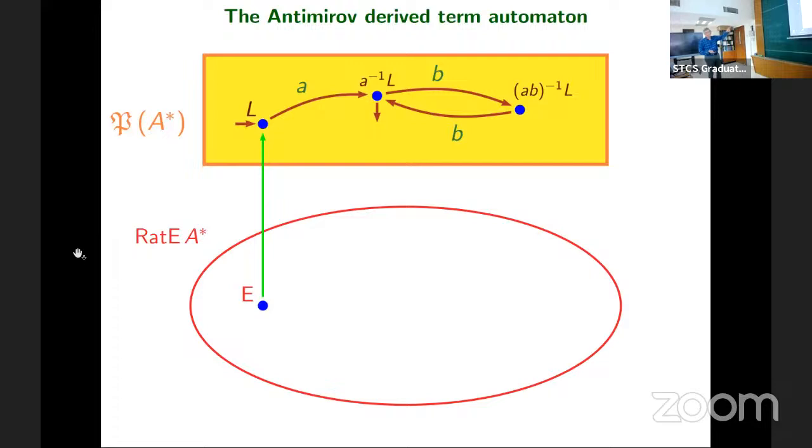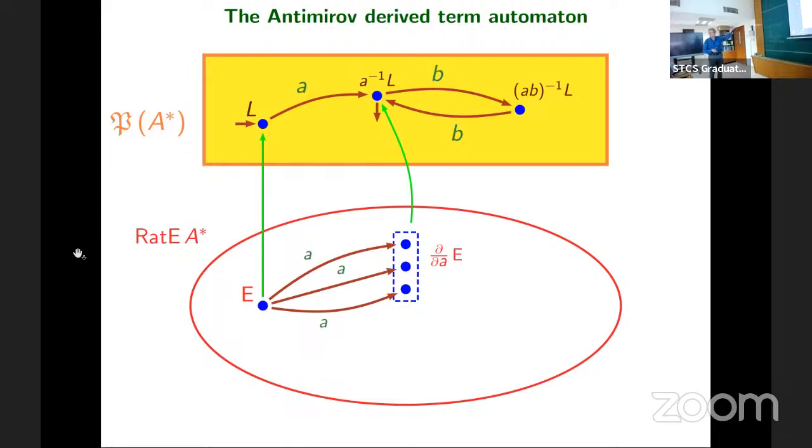Now if we go back to our drawing, our schema, the derivation by one letter is a set of expressions, and the union of the languages denoted by these expressions is exactly the quotient of the language. And of course, we have an automaton.